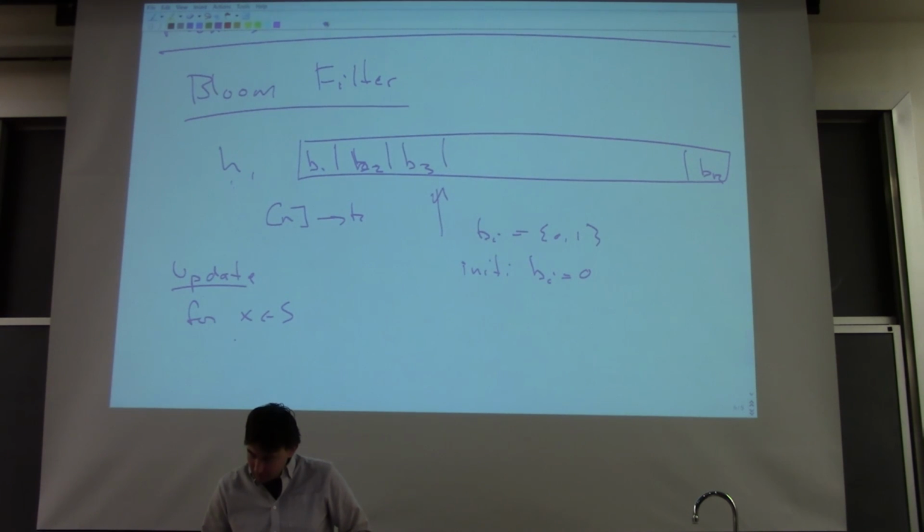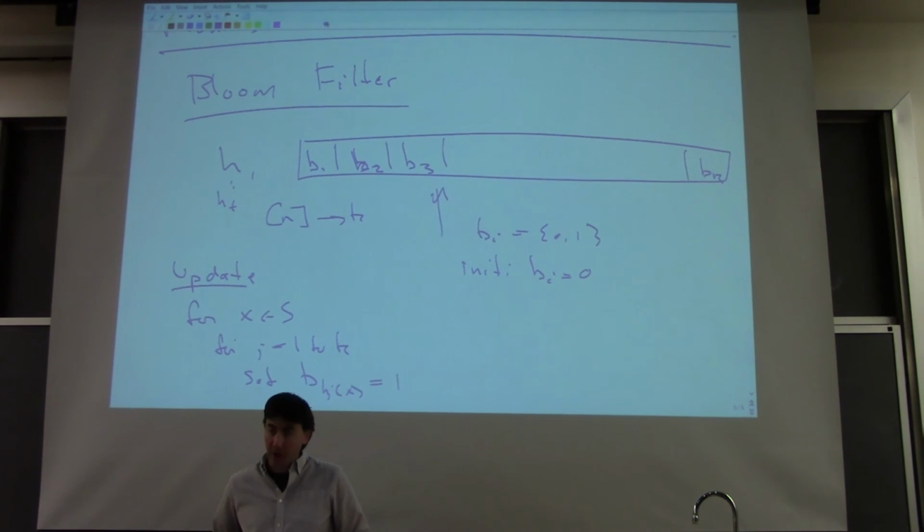And so actually you may have a few of these hash functions. So for j equals 1 to k, you set the bit b of hash j of x equals to 1.